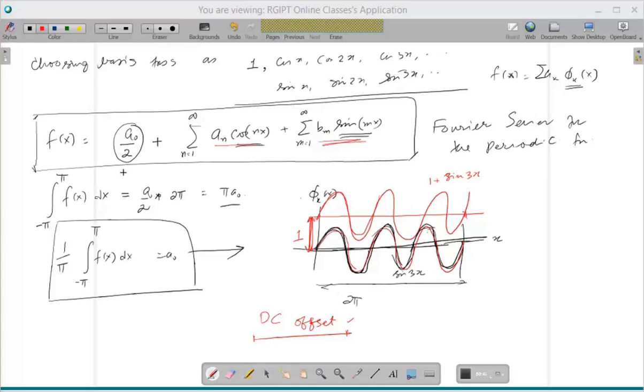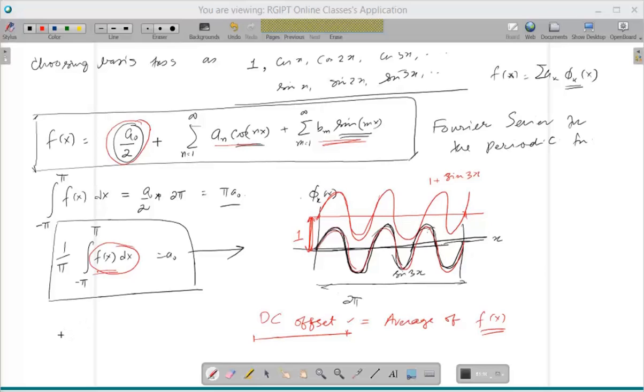So that's why this is essentially the DC offset, which is nothing but the average value of f(x). The first term, the constant term, is related to the average of f(x) over minus pi to pi. You can see that it's actually twice the average. How do you define the average of any quantity?